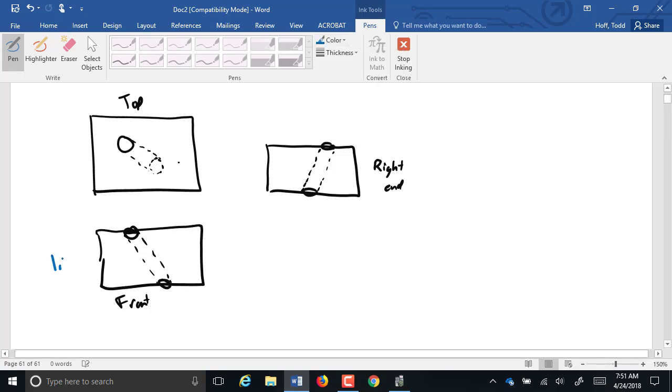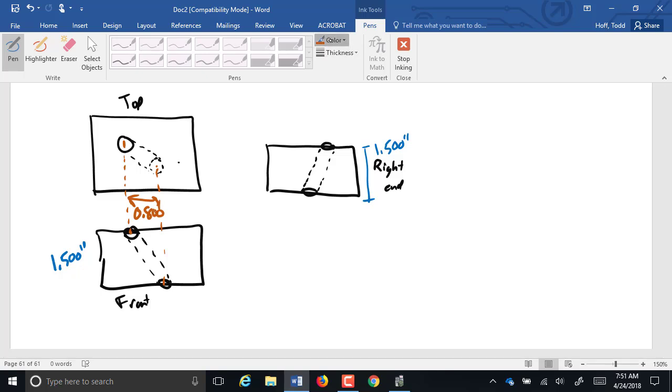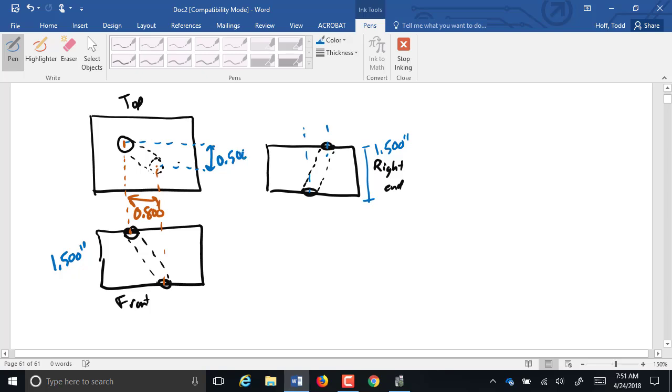If I label this here as 1.50 inches, what's this here? 1.50, perfect. Obviously we're going to line those up. Center line to center line, I'm going to label that 0.8 inches. And then this way, didn't translate real well, but that'd be the same distance as this distance here. We're going to call that 0.5 inches.